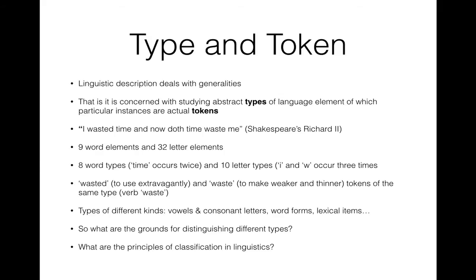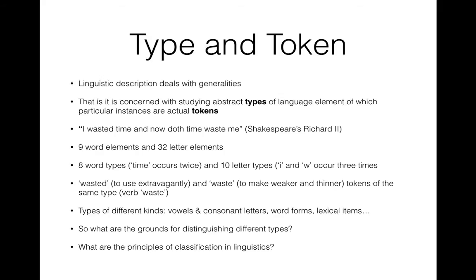That is, it is concerned with studying abstract types of language elements of which particular instances are actual tokens. To understand these generalities, which are referred to as types, we need to study the concrete realizations of these types into what we call actual tokens.